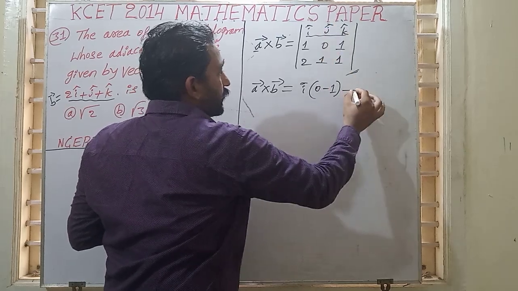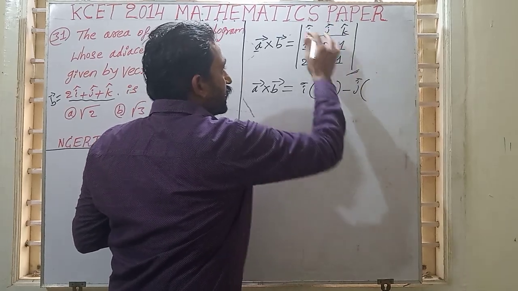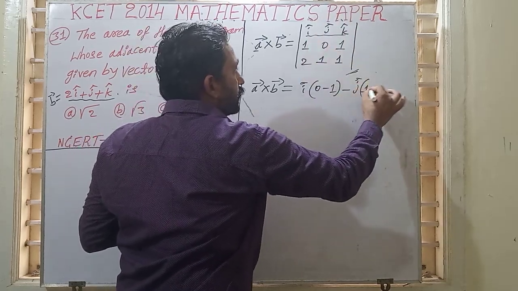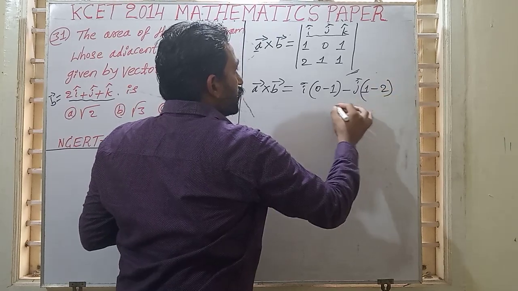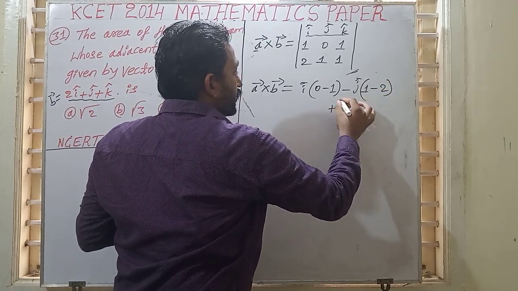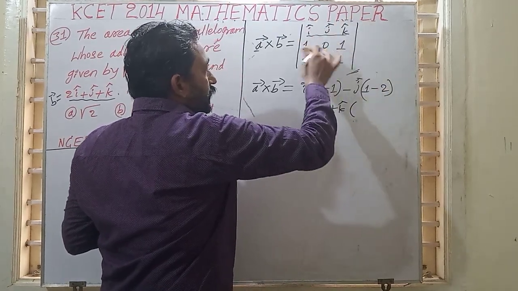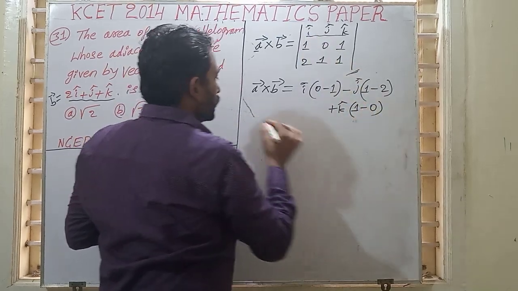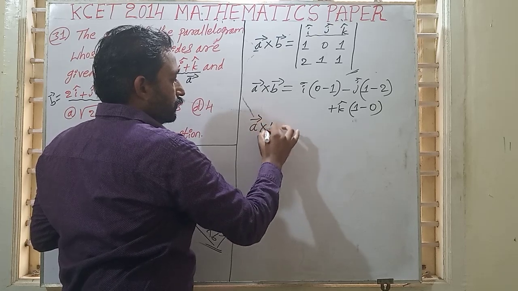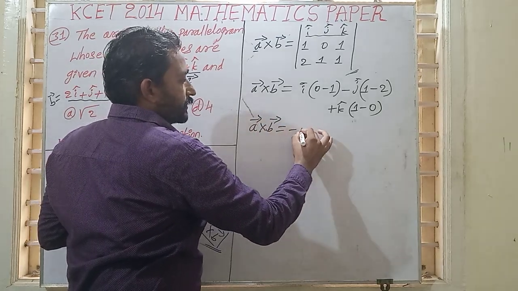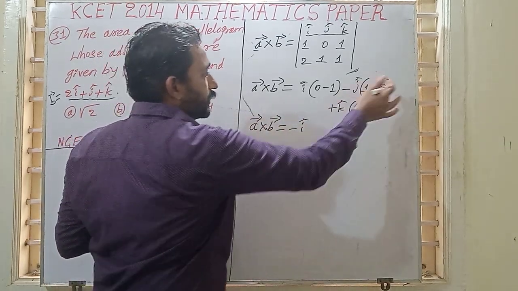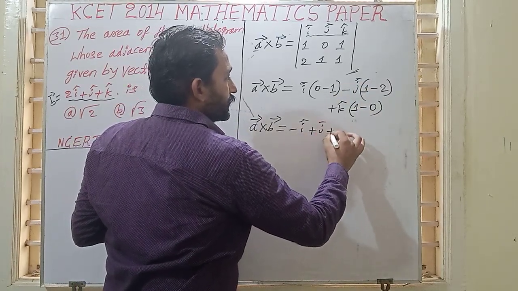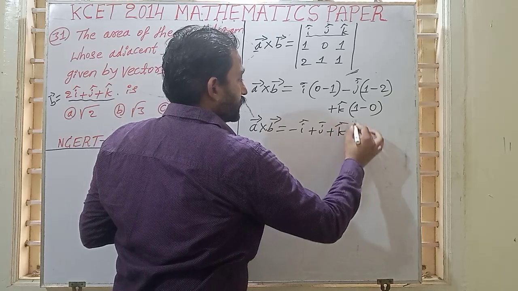Minus j, delete first row, second column, remaining 2 cross 2 determinant: 1 times 1 minus 2 times 1, that is minus 1. Plus k, delete first row, third column, remaining determinant: 1 times 1 minus 0, that is 1. So A cross B is equal to minus i plus j plus k. Okay, this is A cross B.